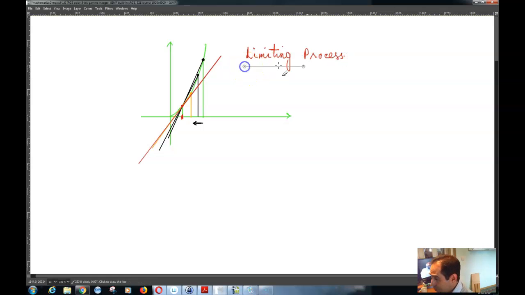Now, this process actually does exist in mathematics, meaning that there is a process by which you can simply get closer and closer to this point. Surprisingly enough, when we got very, very close to this point, which was our goal, getting to the point itself, that would be a form of 0 divided by 0.